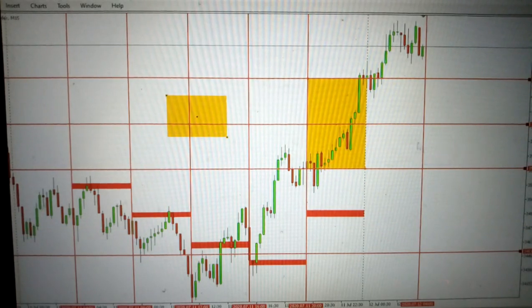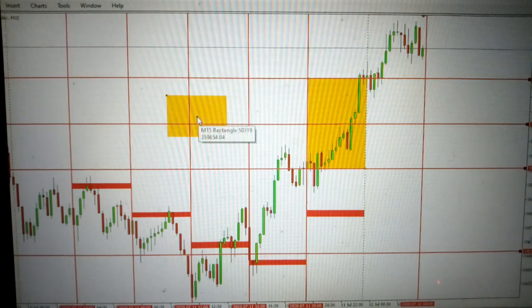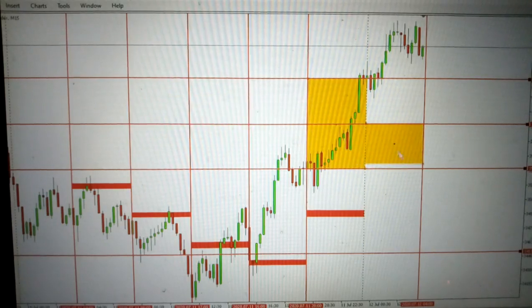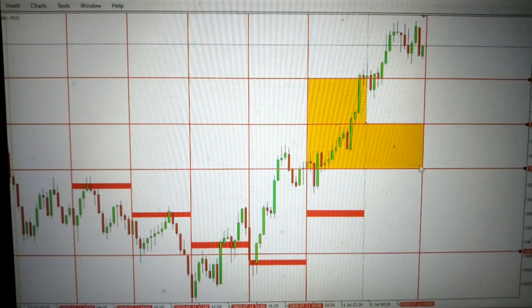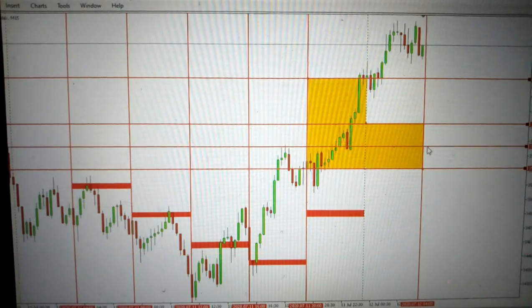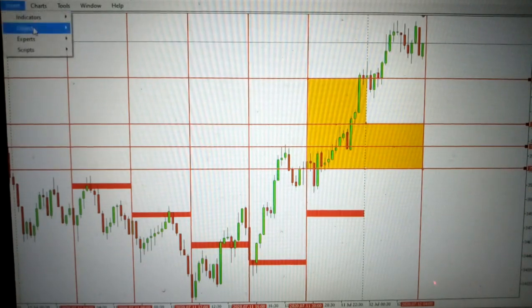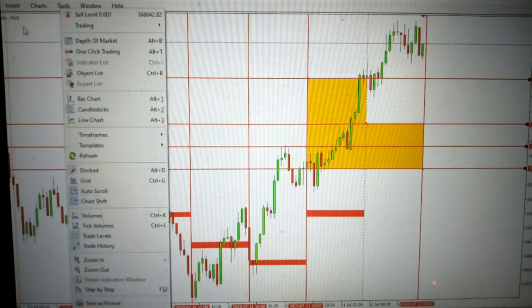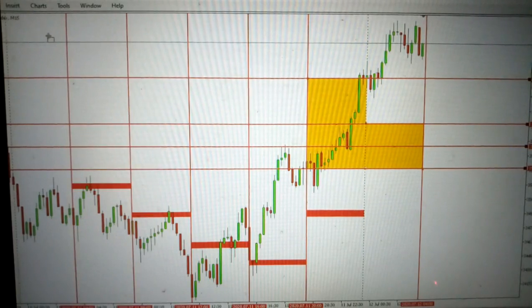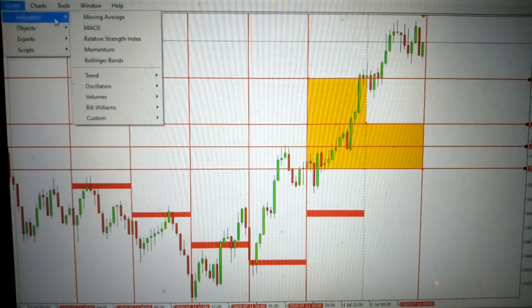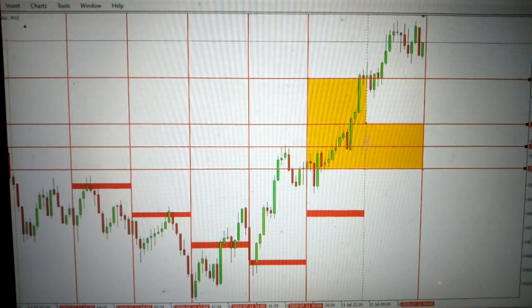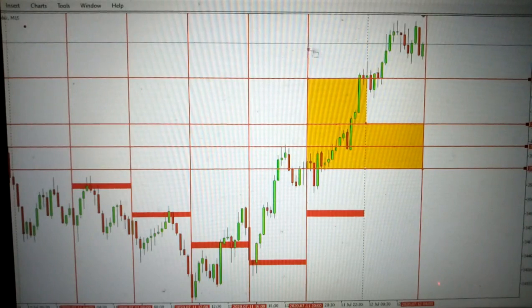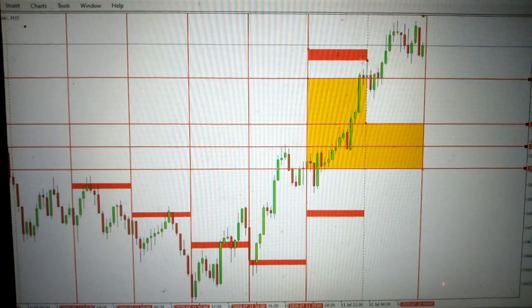So I will expect a support around here if price is going to drop. So I expect my support to be around this point. So what I will do is divide that point into two, and with another rectangular shape, colored in red, I'll try to map out where I expect my support to be in case price falls.